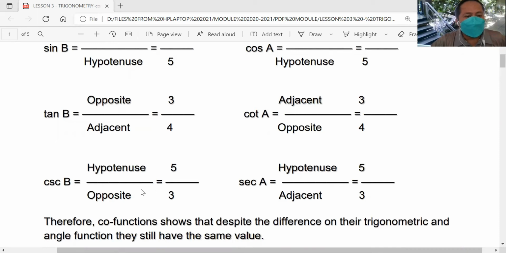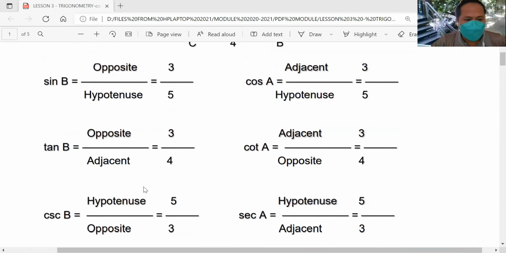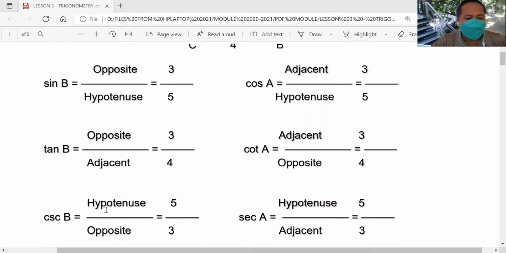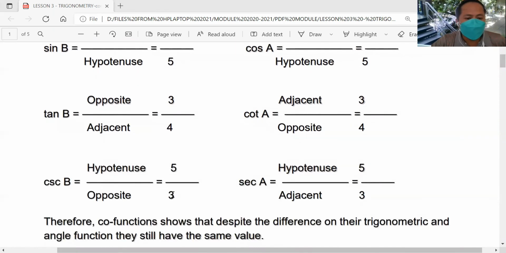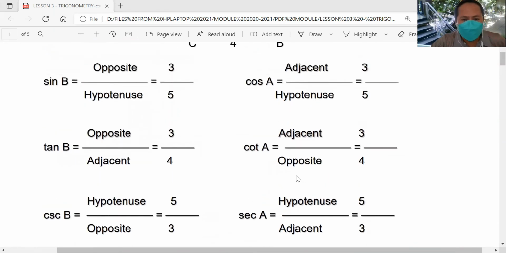This is just the inverse function of sine: sine is opposite over hypotenuse, and cosecant is hypotenuse over opposite. So the hypotenuse is 5 and the opposite is 3.